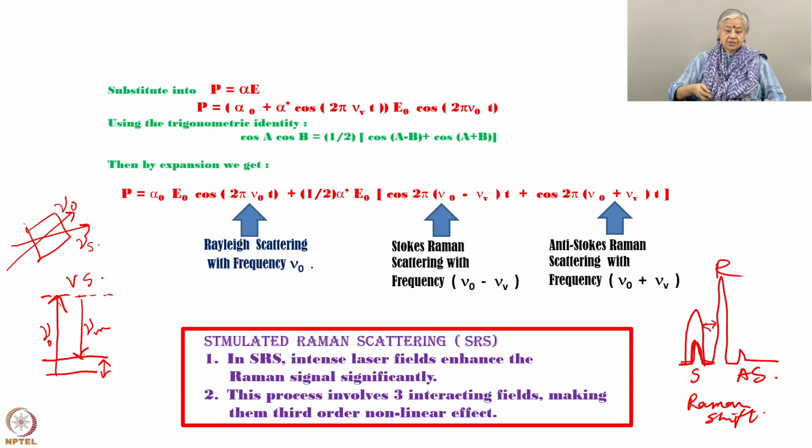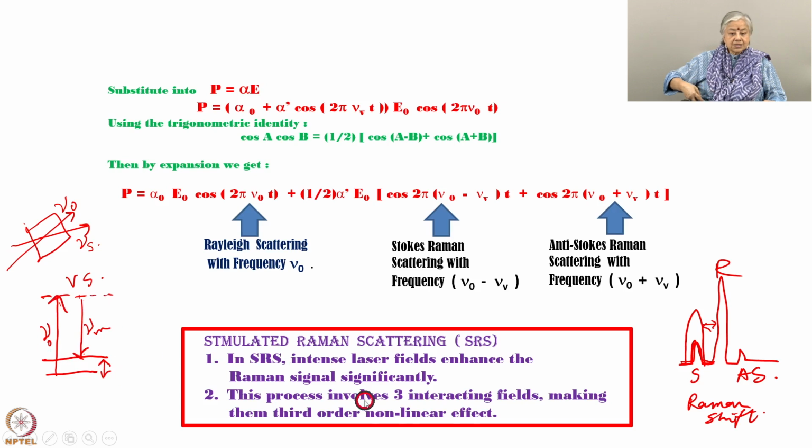Quite often this process, stimulated Raman scattering, involves 3 interacting fields. Okay. So, 3 interacting fields means this frequency or this energy level, this energy plus this difference in energy here. So, there are 3 fields.